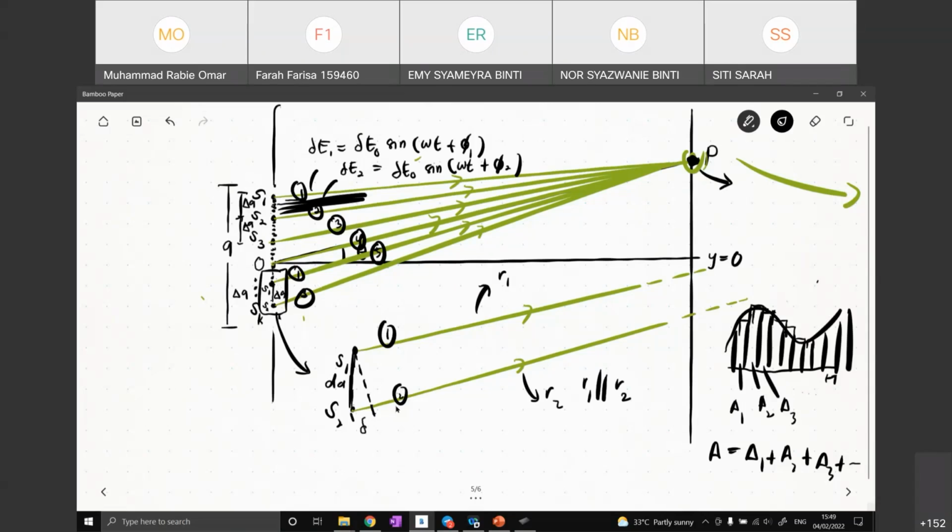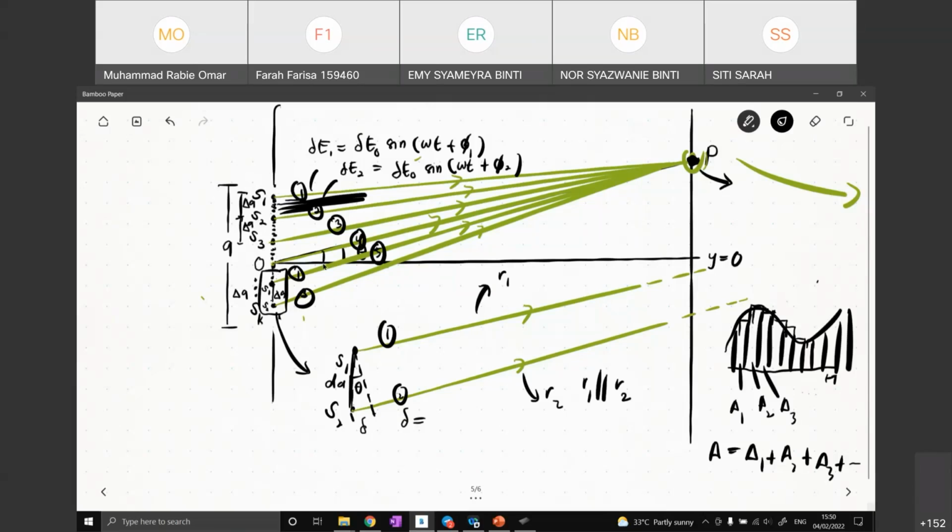So the path difference is given by, you know that this is your theta. The reason is that the screen is way farther away than the slit here.